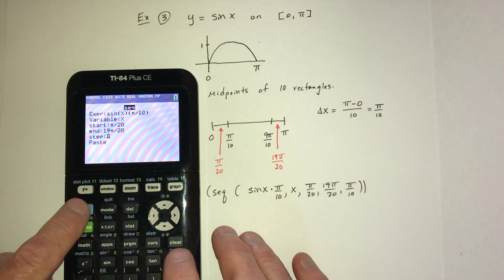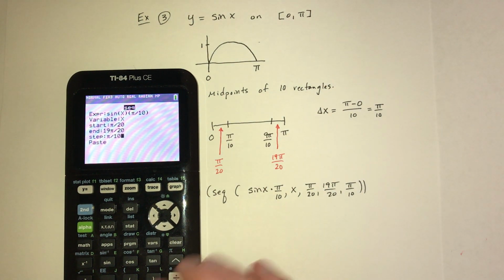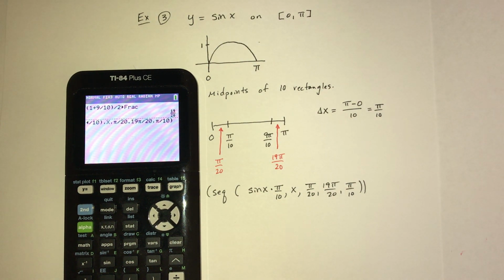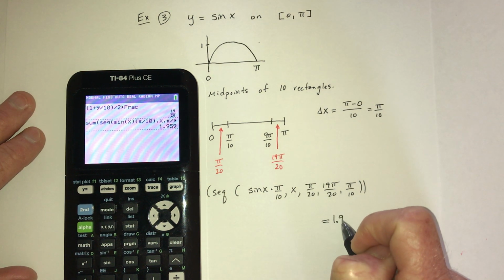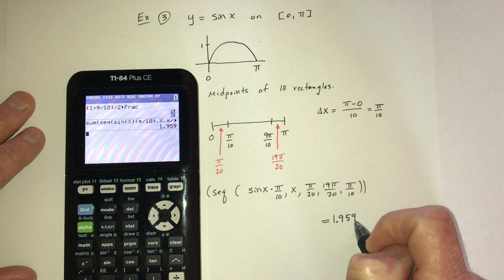And the step is delta x, pi over 10. And then paste puts that on the home screen, and it says that the answer is 1.959.